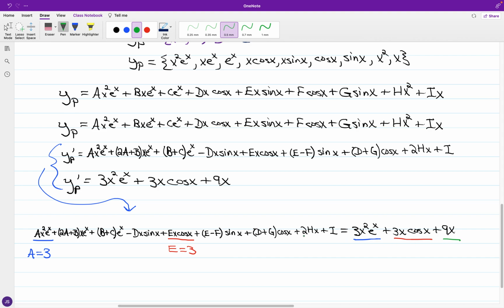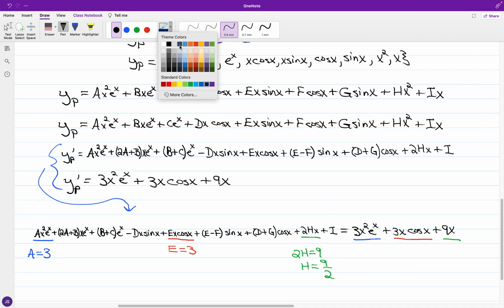And notice we have 9x on the right, and for the x term on the left, I have 2h. So if I set 2h equal to 9, we'll have h is equal to 9 halves. And notice we have no standalone constant on the right, and we have only i, so we can say that i is negligible.